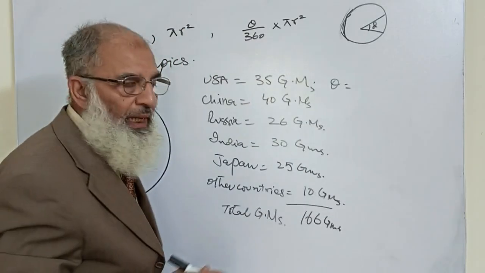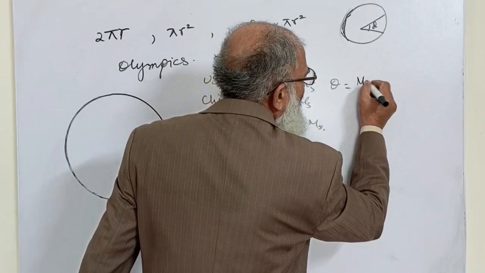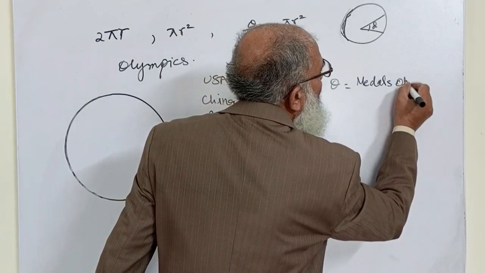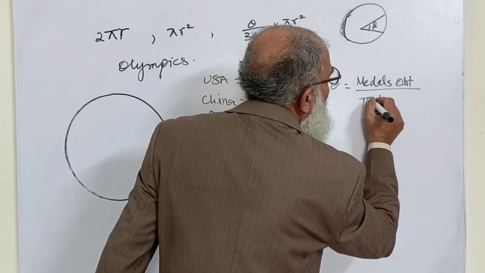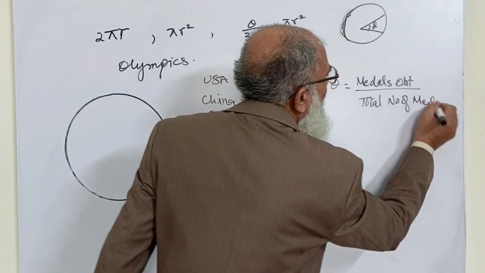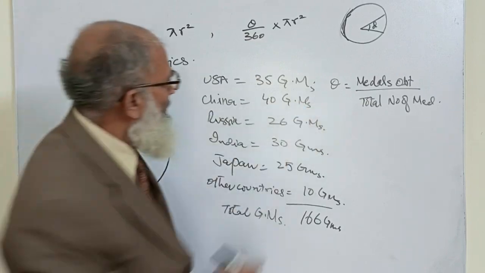I will form a formula: medals obtained divided by total number of medals. Now this will be our angle.